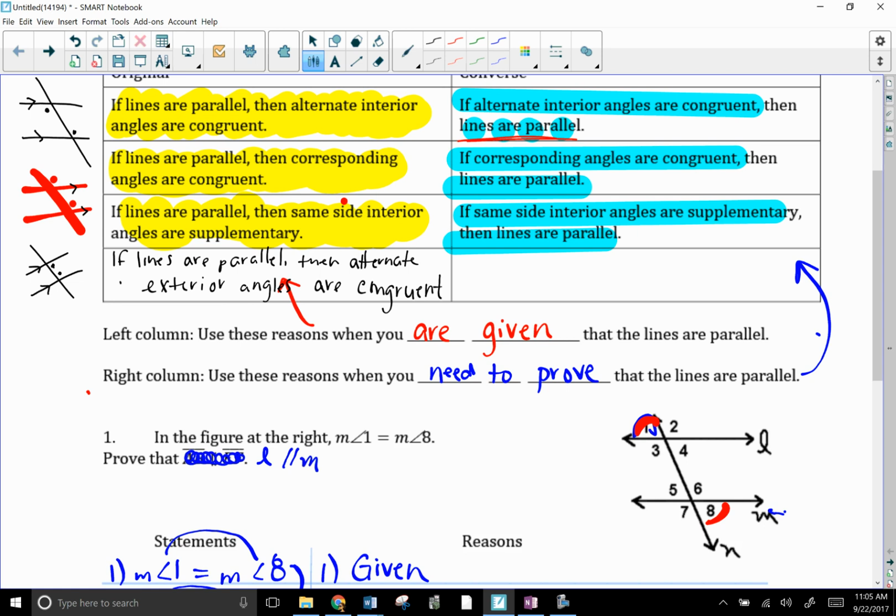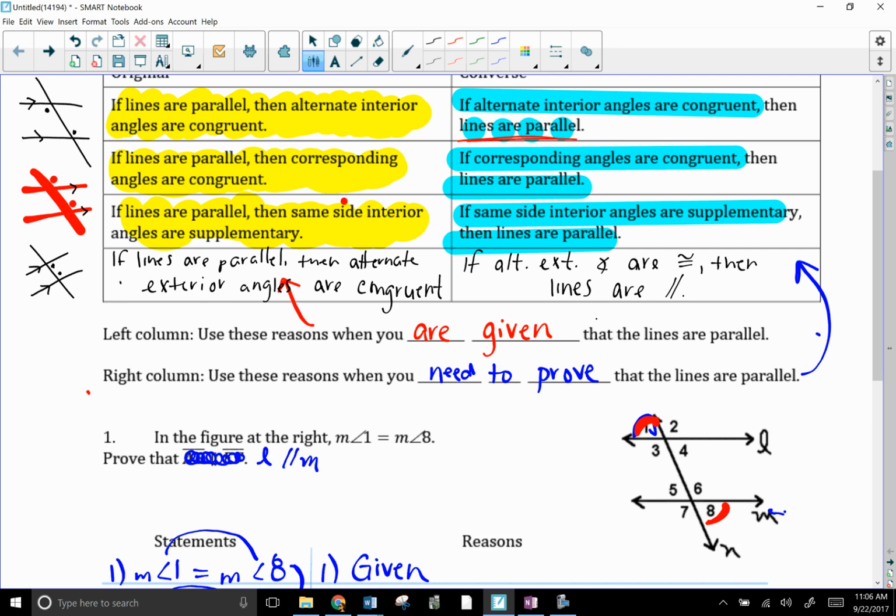Sorry about that. On the left, it was the if parallels. If lines are parallel, then alternate exterior angles are congruent. And on the right, if alternate exterior angles are congruent, then lines are parallel. And this is one new type of angle you can use now.